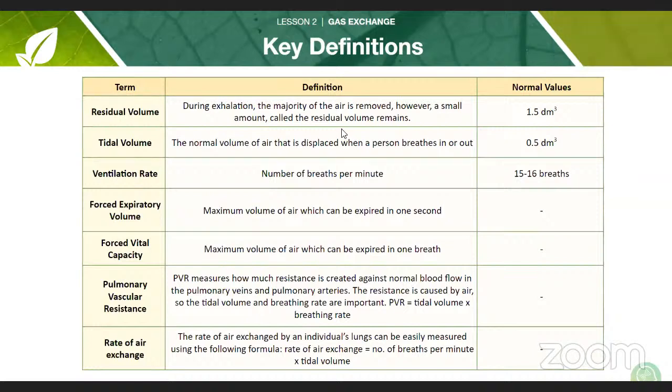So I will turn off my video, give you some time to write this down, and then I will talk you through the graph. Give you until maybe 35 past to write this down.